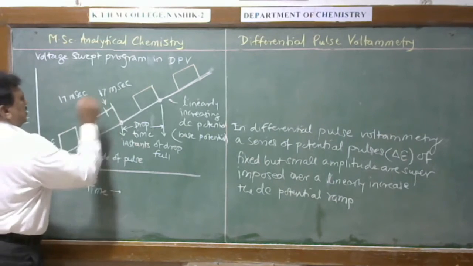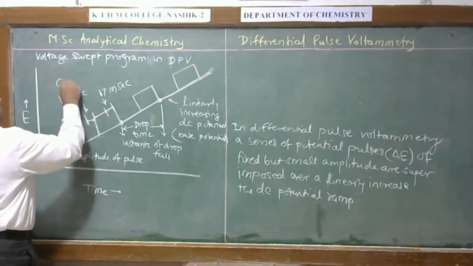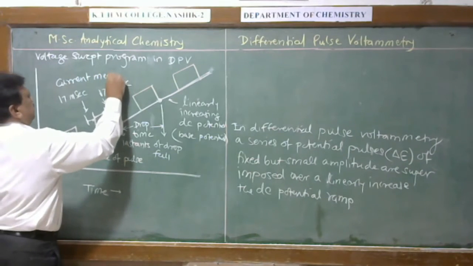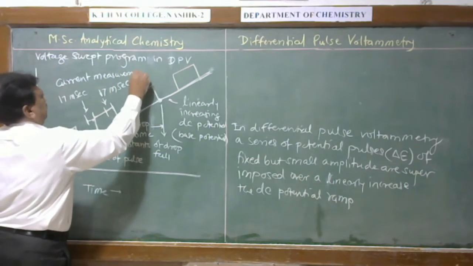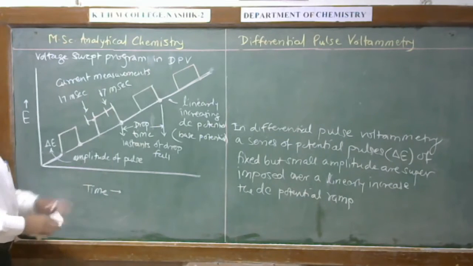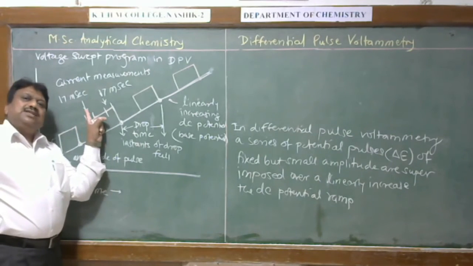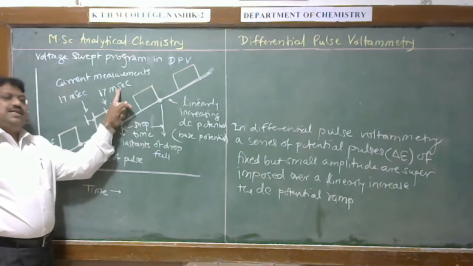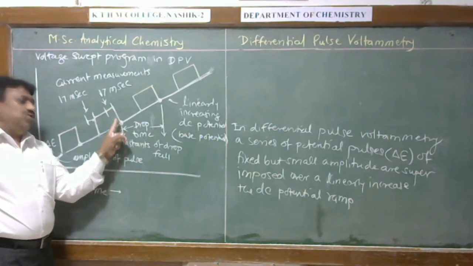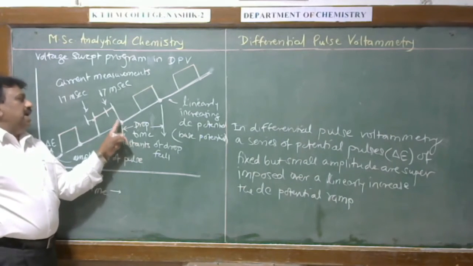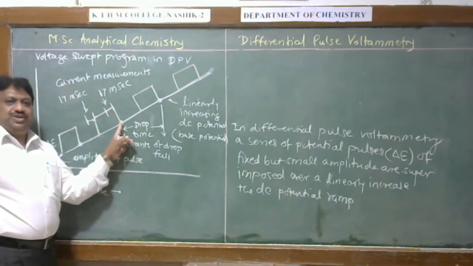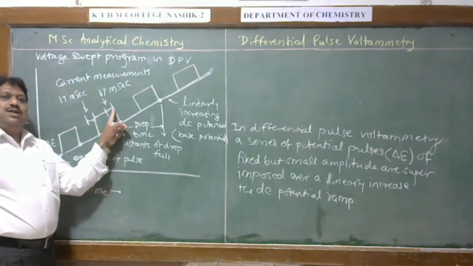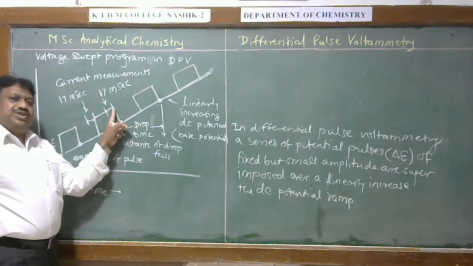In this case, two current measurements are carried out. That is 17 millisecond just before the application of potential pulse and 17 millisecond just before the drop falling in the solution, as well as at the end of the potential pulse. That means 17 millisecond before the end of the potential pulse.